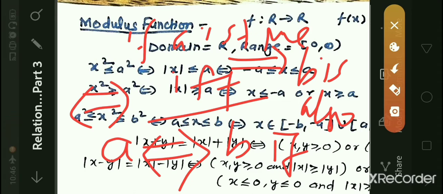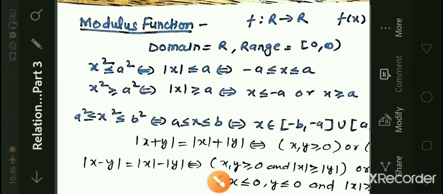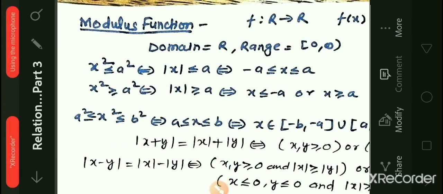I hope now it is clear to all. Further, we can also write it as mod of x is less than or equal to a, which implies and is implied by x is greater than or equal to minus a and less than or equal to a.